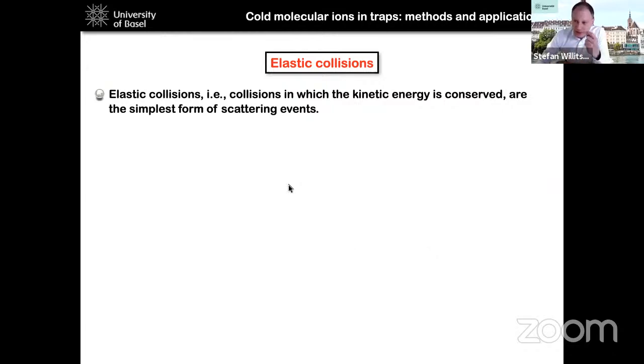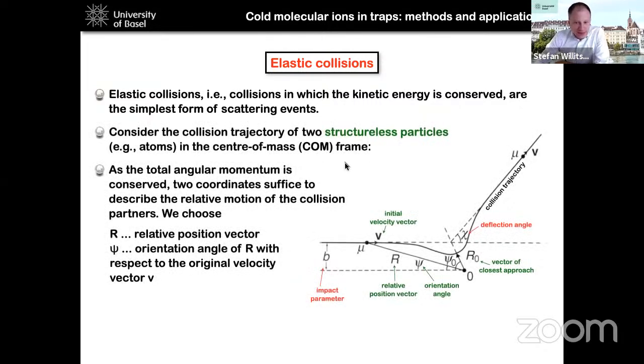Let me focus to begin with on elastic collisions, because that's the simplest case we can have. I will use this example to introduce some of the salient concepts. For the sake of the argument, first consider just the collision of two structureless particles. You can think of this as a classical billiard game, or if you will, two structureless atoms that collide with one another.